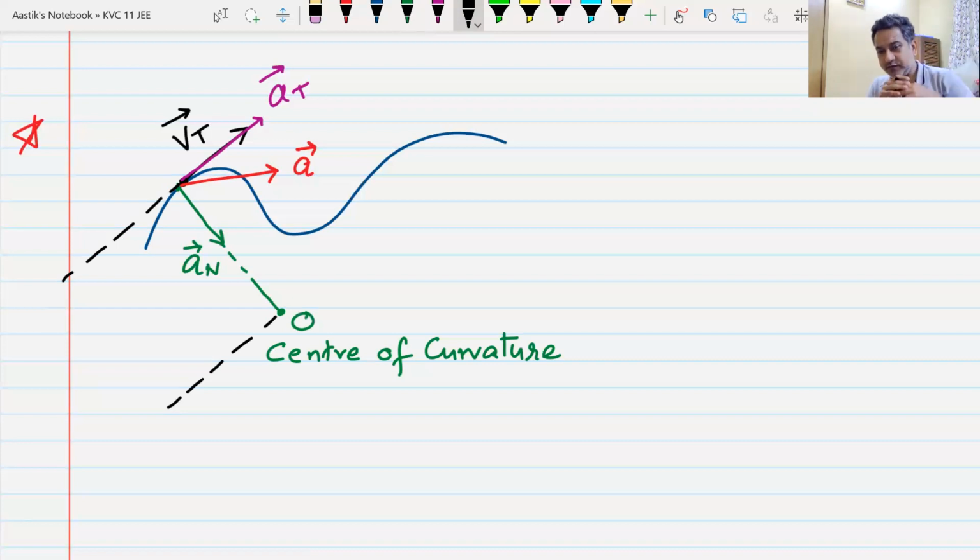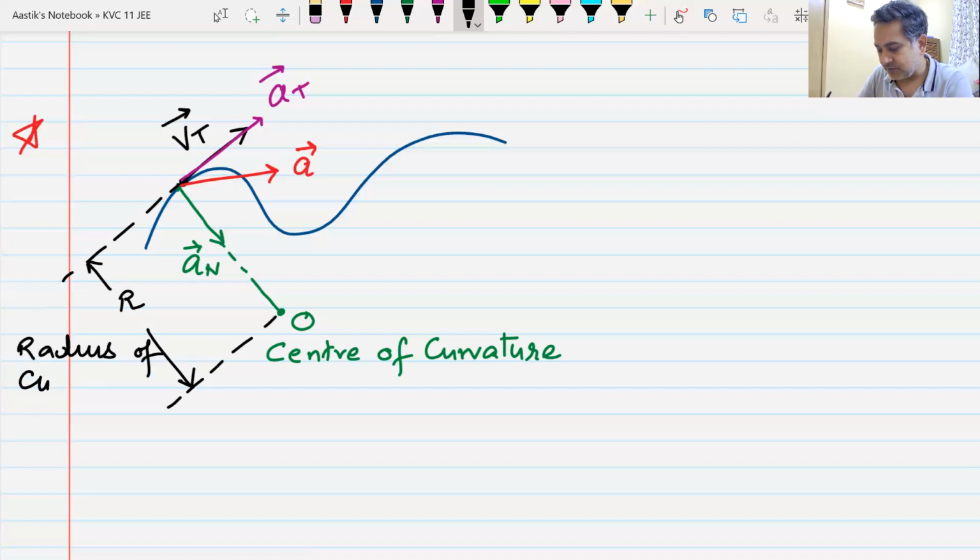The particle is somewhere there. What will the distance of the particle from the center of curvature be known as? Sir, radius. Radius of what? This is R. This R is known as radius of curvature.